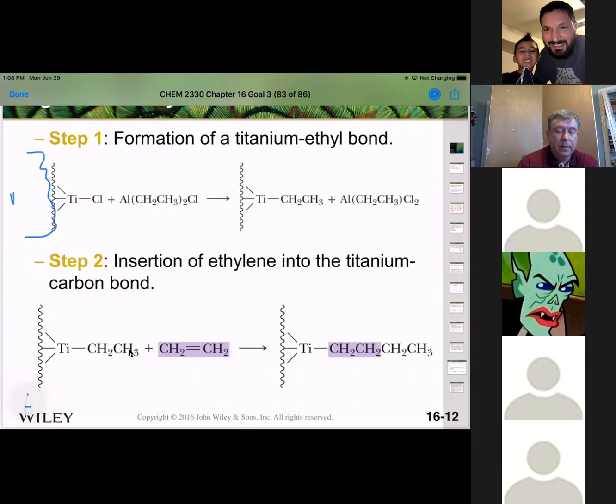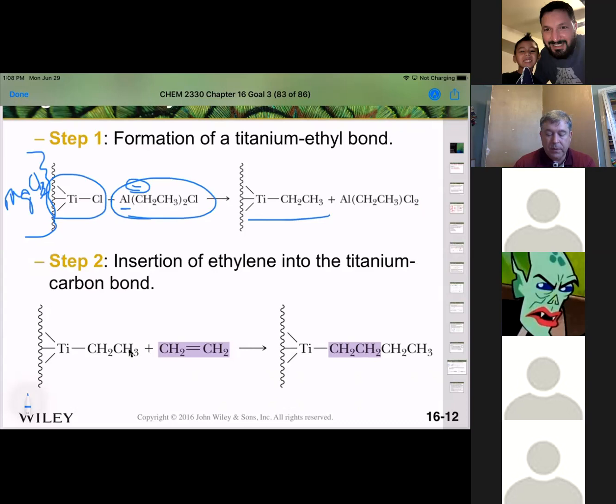This is the magnesium chloride particle. That's a 2 right there. And we react with a titanium compound. That titanium compound reacts with another organocompound right here. Notice this is aluminum, and so that means there's an anion right here on the carbon. Once it does that, it generates this as our starting material.